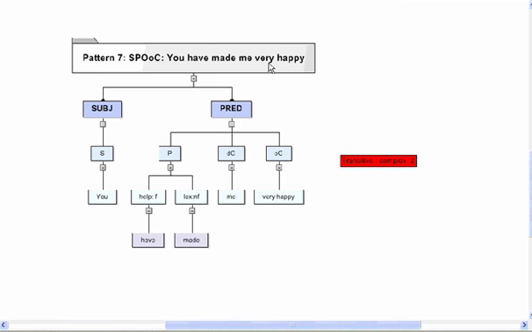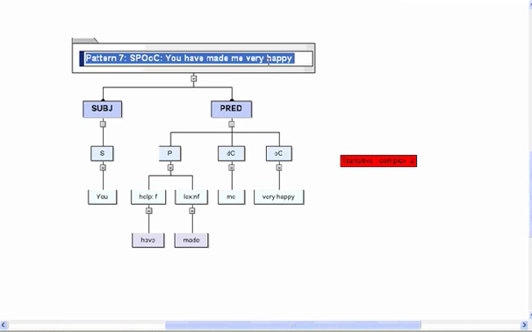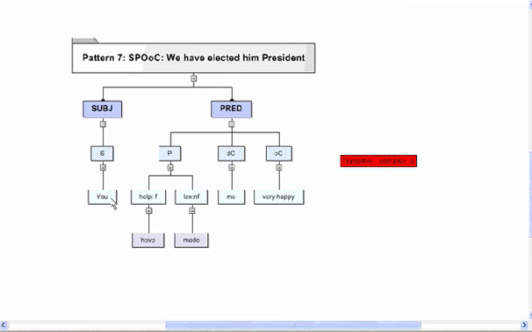Perhaps I can do that as an example here. I'm going to change this sentence. So if we have "elected him president," in this case the subject will become "we," and there are two verbs in the predicator, "have" and the lexical verb, except this time it would have become "elected."